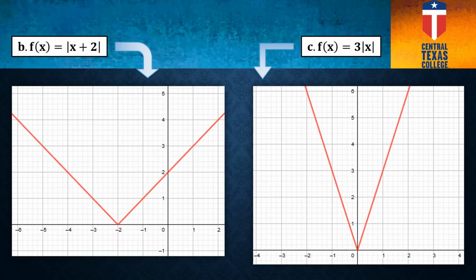Now, for part B, we have f(x) = absolute value of x + 2, inside the absolute value, which was shifted 2 units to the left from the original graph. Now finally, for part C, we have f(x) = 3 times the absolute value of x, which was stretched vertically by a factor of 3 from the original graph, as you can see here.